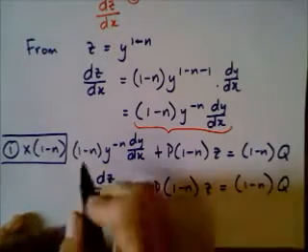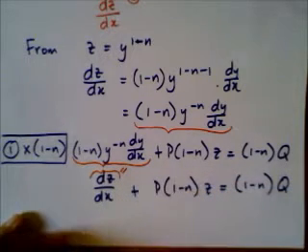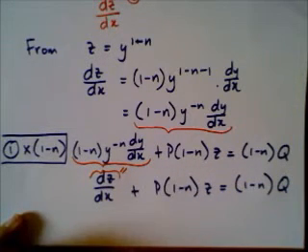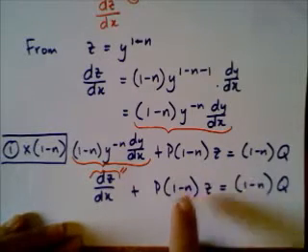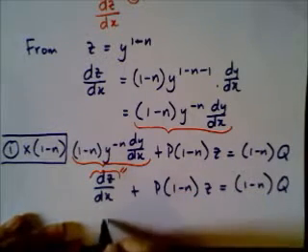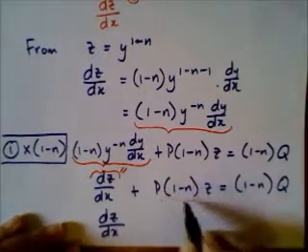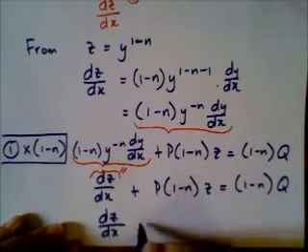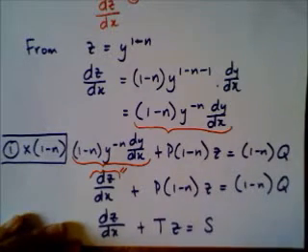Right? Where your first term is equal to that one there. Okay? And that is now in linear form. To make it more clear that it is linear form, I'm going to change this expression in front of z, and I'm going to call it t, and I'll call that one s.